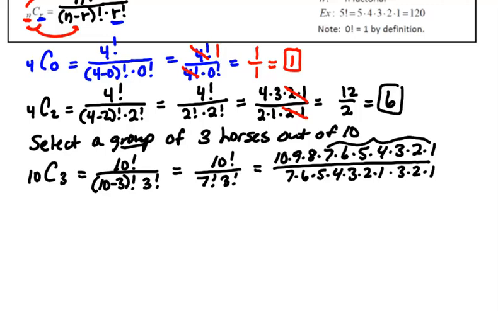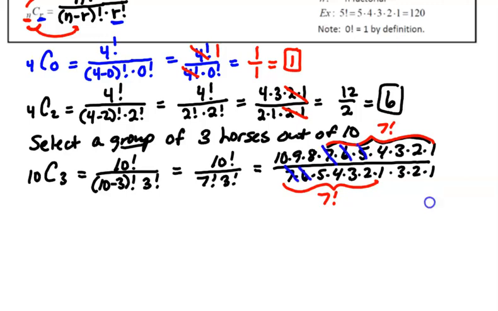Actually, I'm going to put it in a different color. All of this is just 7 factorial. And all of this is just 7 factorial. So I could have just written 10, 9, 8 times 7 factorial and left the 7 factorial in the denominator. But all of these are going to divide out.